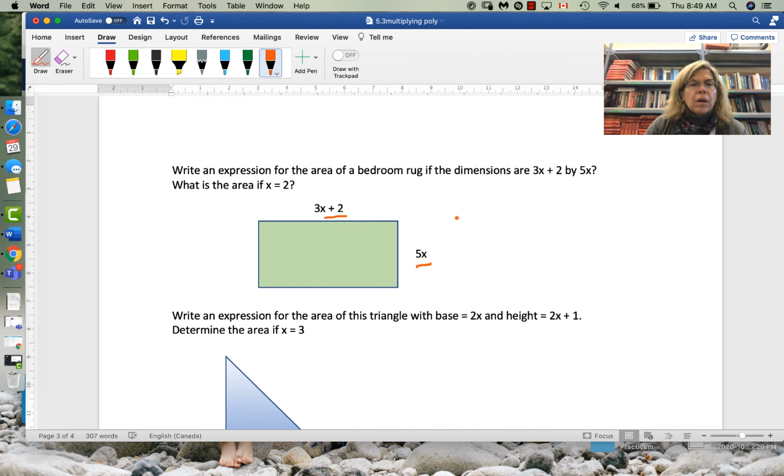So how do you write that as an expression? Well, we want the area. So area equals base times height, right? Area of a rectangle. So that equals 3x plus 2 times the height, which is 5x.